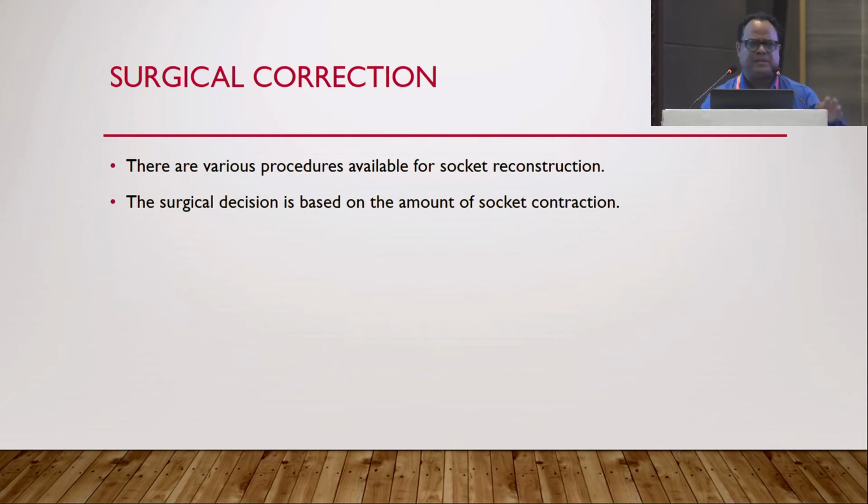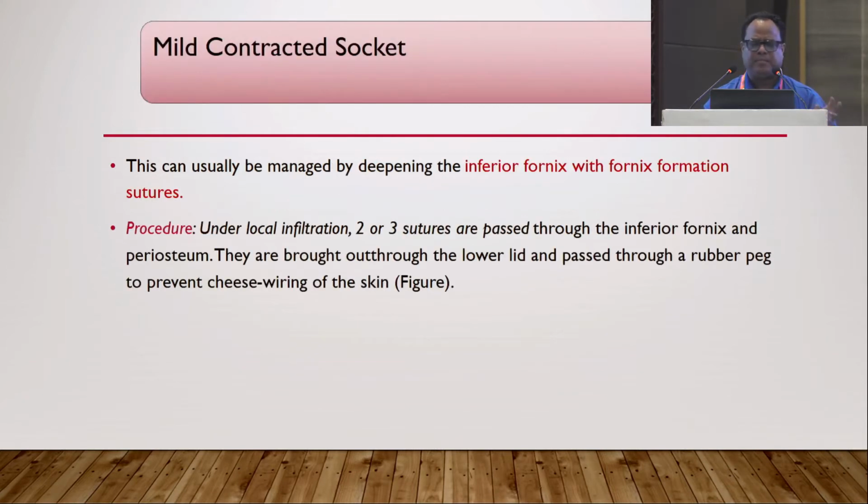Lots of procedures were already mentioned by my previous speaker, but in a young kid, another big important point is that it should be done under GA. Even examination sometimes may need an EUA. That's a big issue each and every time. Proper radiological evaluation may also need at least sedation. Those are some other issues.